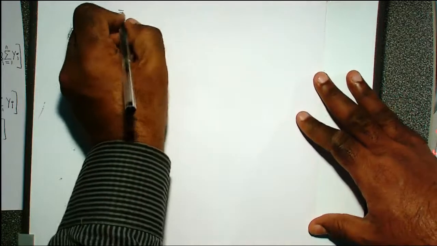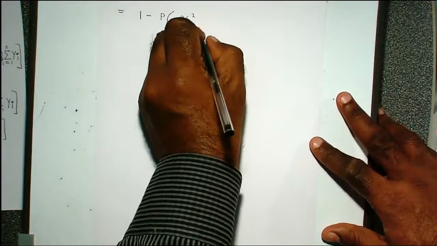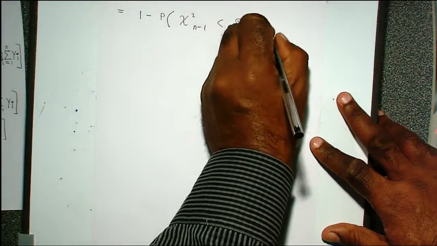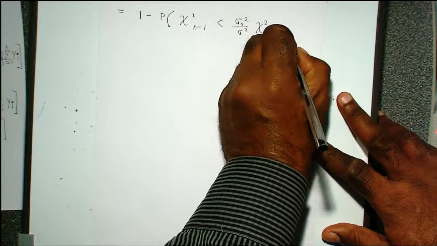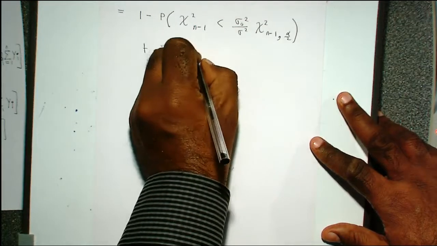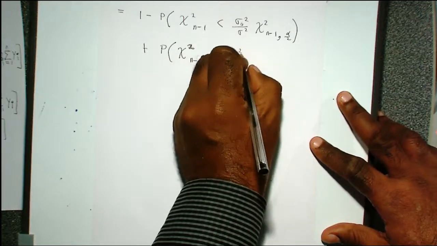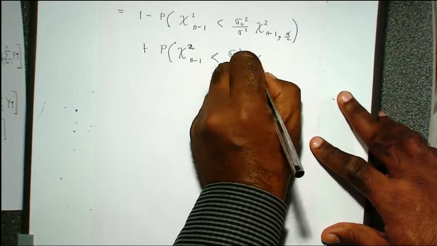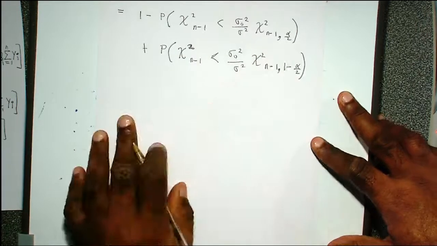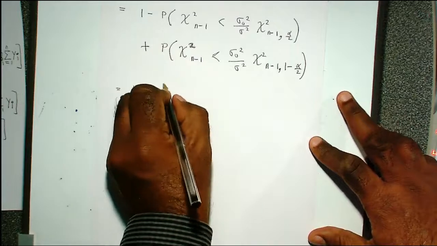You can write the first probability as 1 minus the probability that, and finally, if you like, you can write this as the F.